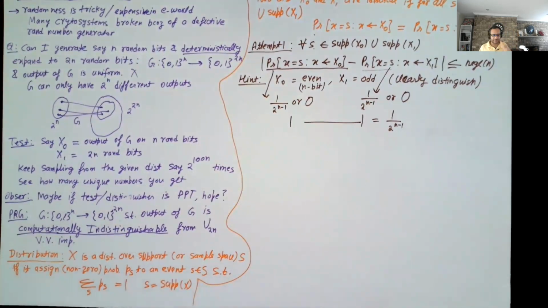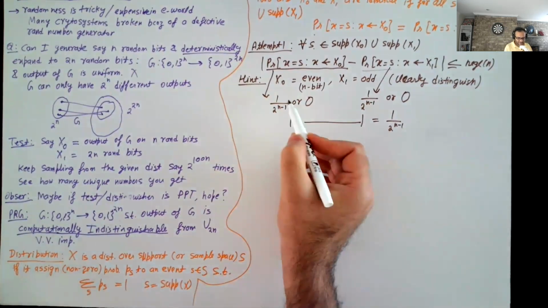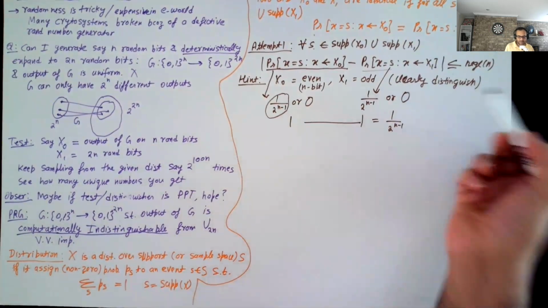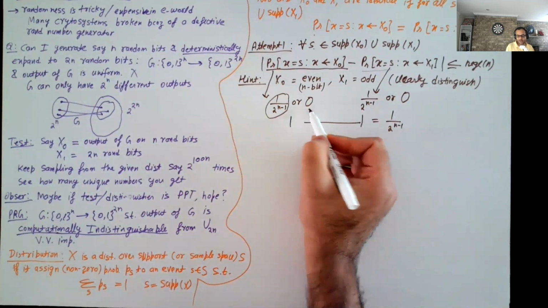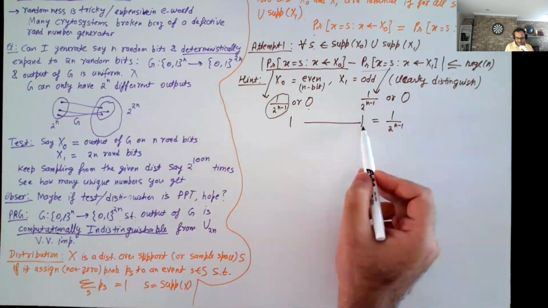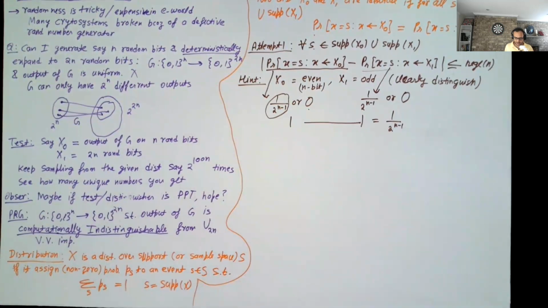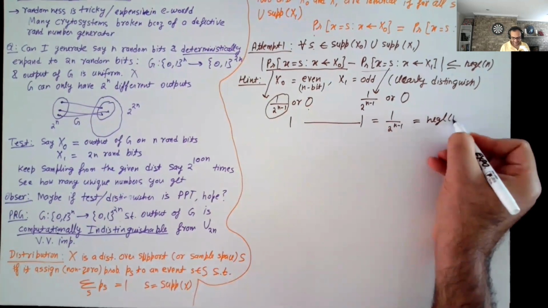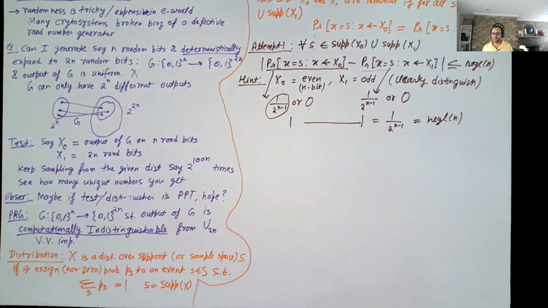If you pick an even number, this will be 1 by 2 to the power n minus 1, and this will be 0. For an odd number, here we will have 0, and here we will have 1 by 2 to the power n minus 1. So the difference between these two is 1 by 2 to the power n minus 1, but that is actually negligible, right? But still, we can clearly distinguish these two distributions.